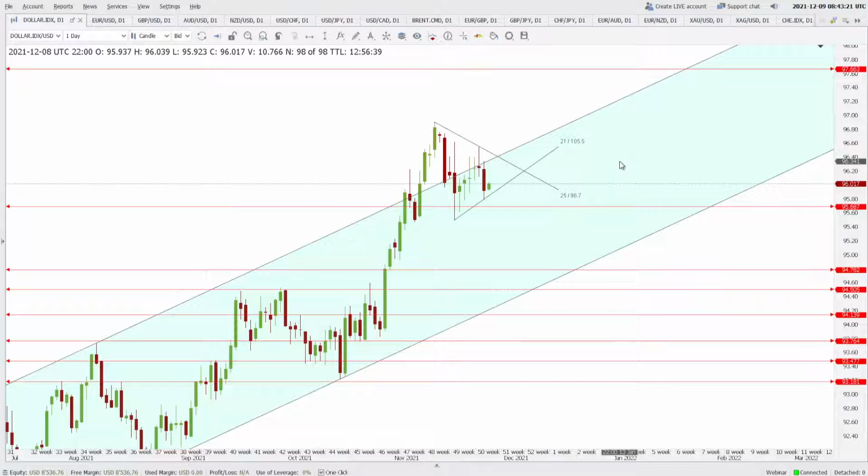Because we want to trade breakouts or the price moving in a single direction, so wait for the price to break out of this, and then only we will know that the price is going to test 97.66 or 95.68 levels.